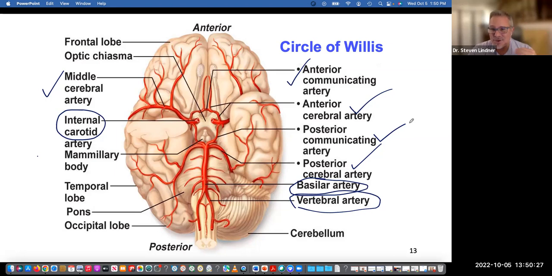Language, speech, math, linear thinking. Right-hand side is more artistic and creative. If someone does have a stroke on the left-hand side of the brain, they become hemiparetic or hemiparalyzed on the opposite side of the body, on the right-hand side of the body, okay?